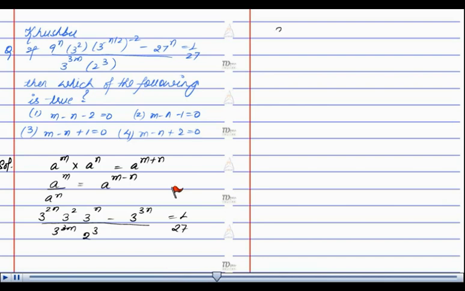This gives 3 to the power 3n plus 2 minus 3 to the power 3n divided by 3 to the power 3m into 2 cube, that's equal to 1 by 3 cube, or we get 3 to the power 3n common into 3 square minus 1 upon 3 to the power 3m into 2 cube is equal to 1 by 3 cube.